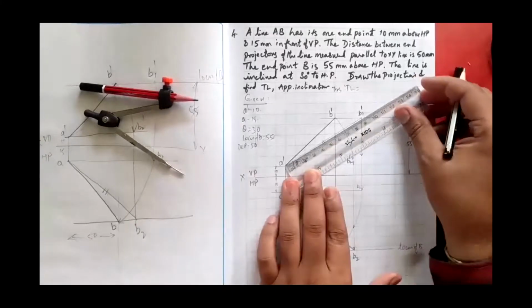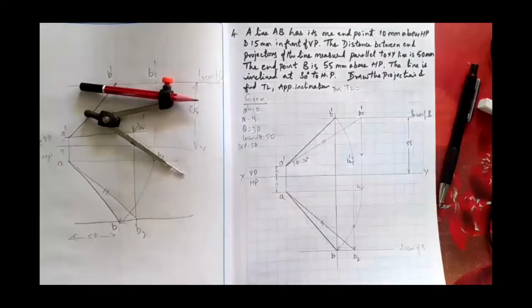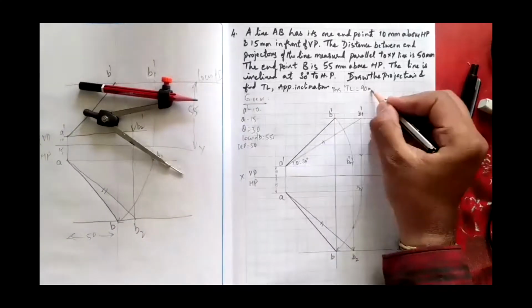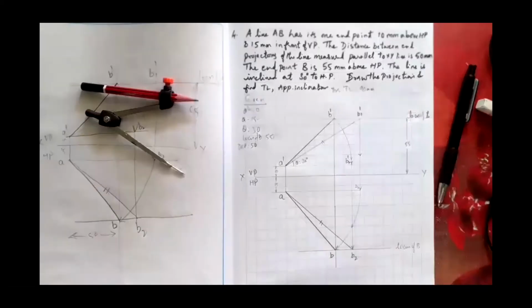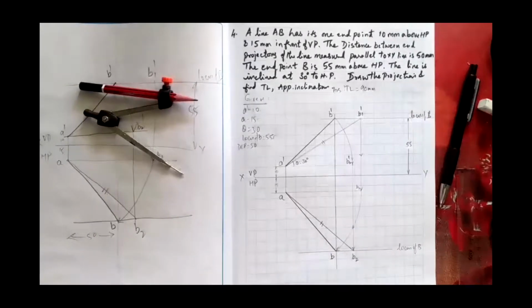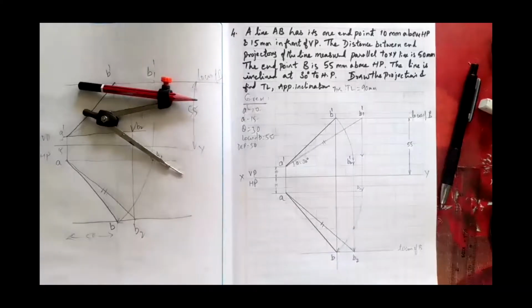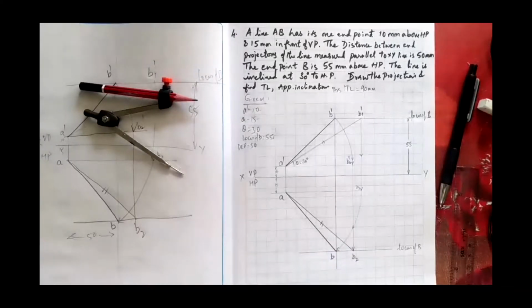In such cases, when true length is not given, you have to check on both the sides whether you have got the same answer or not. Able to get it? Anyone having doubts, please speak out and answer it properly.